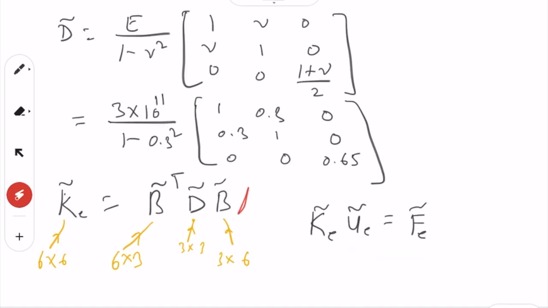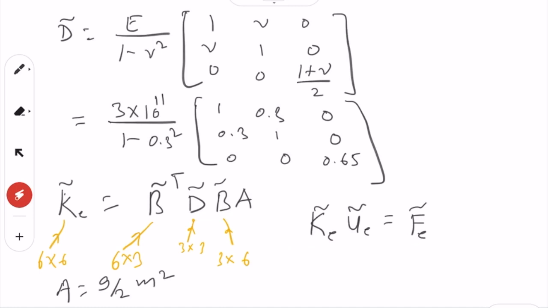Notice that we have to multiply by the area, where area is equal to 9/2 meter squared.